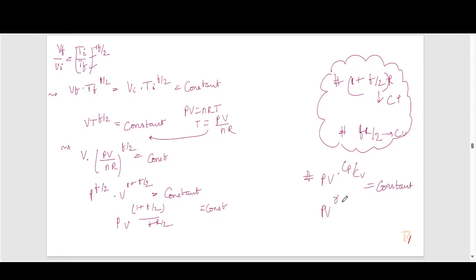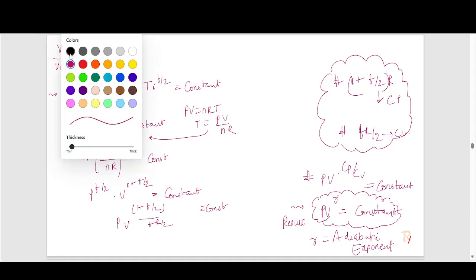PV to the power of adiabatic exponent gives me a constant. Since gamma is nothing but the adiabatic exponent. Okay, let me explain in more detail in our PYQs.